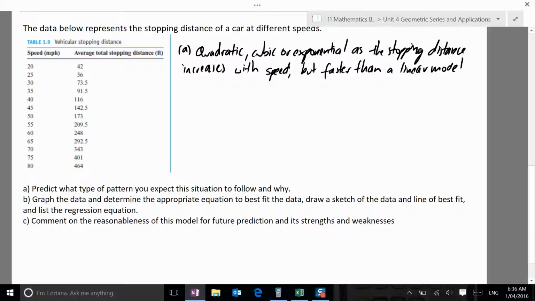And we can see that in our data as well. This increase of 5 here led to an increase of 14, whereas this increase of 5 led to an increase of like 44.5, 43.5. A much bigger increase. Is that even right? Wow, doesn't matter.